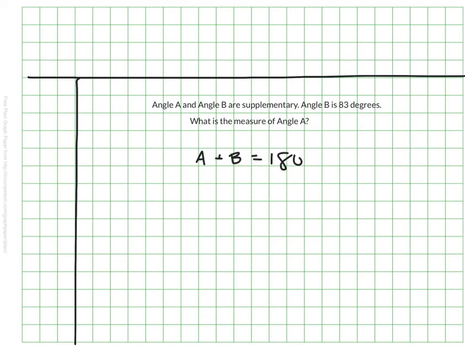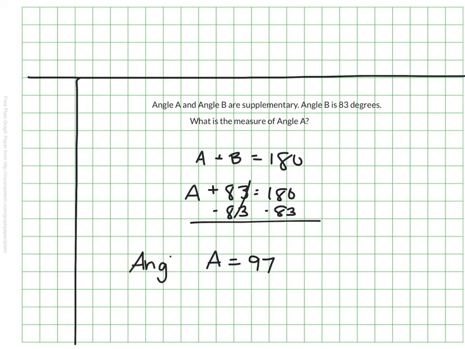We don't know A, but we do know that B is 83 degrees, so we fill that in and solve for our missing value. Go ahead and take care of that, which should hopefully lead you to realize that angle A must be 97 degrees.